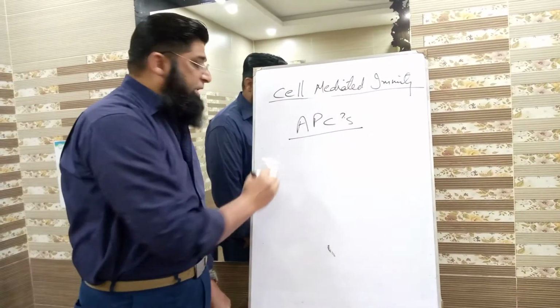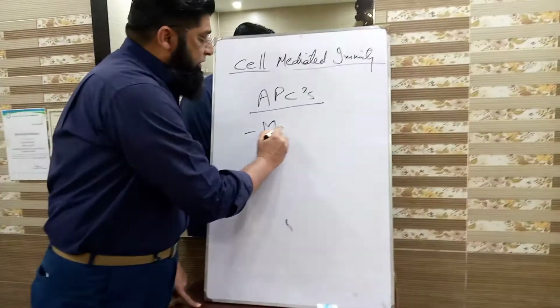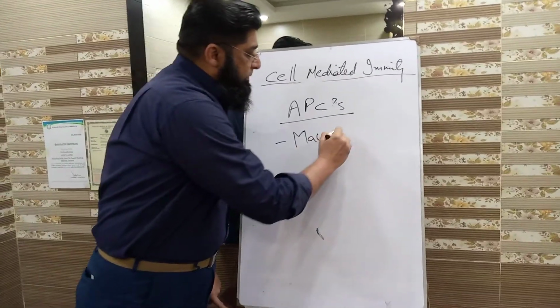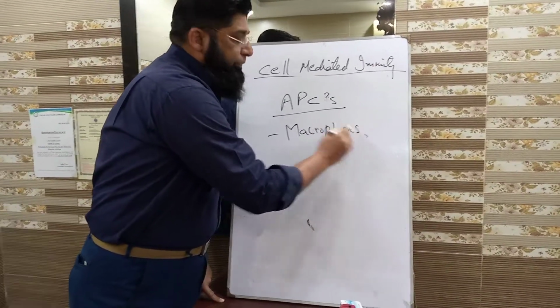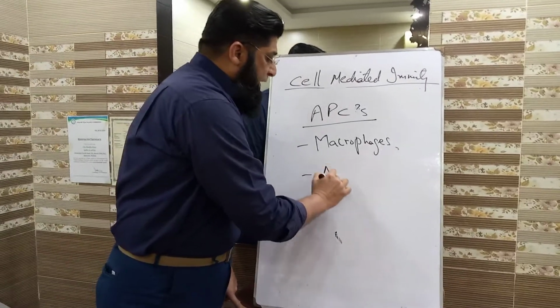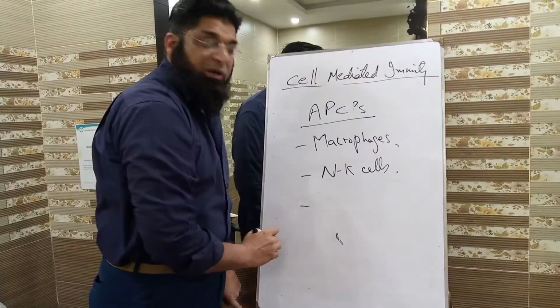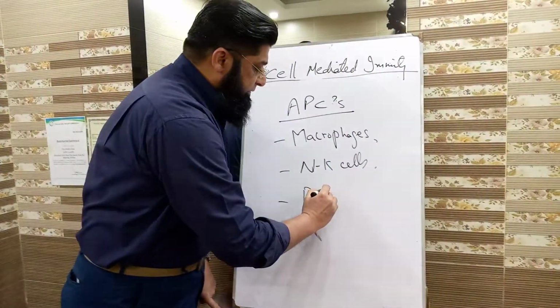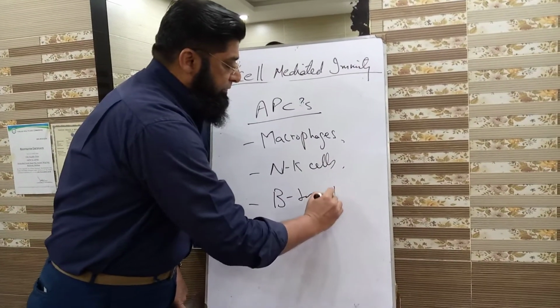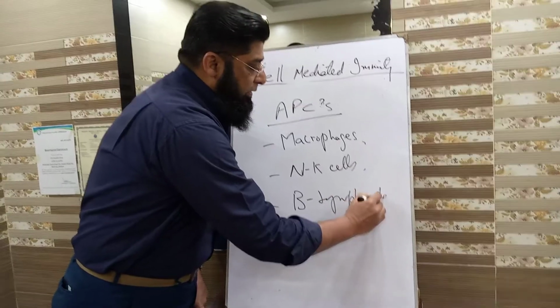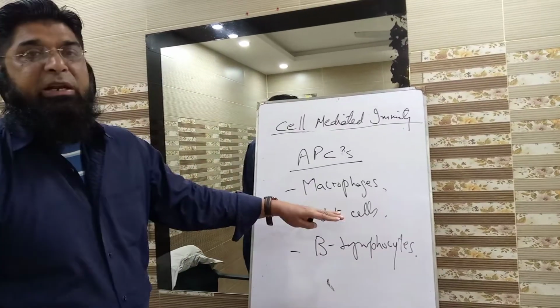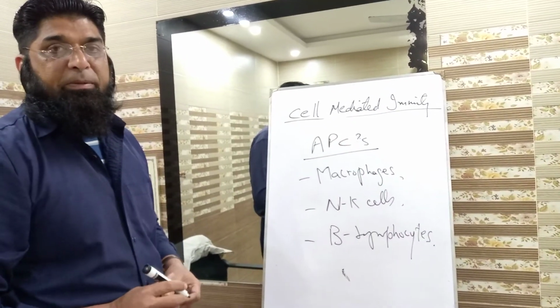What are antigen-presenting cells? Macrophages. Number 2, natural killer cells. Number 3, B lymphocytes. These are the main antigen presenting cells.